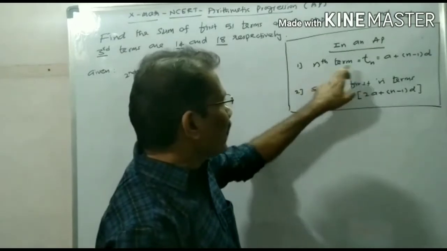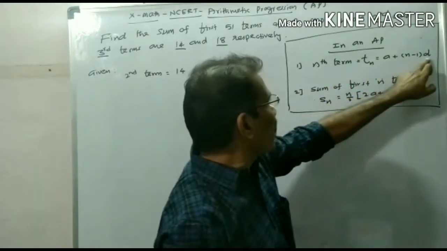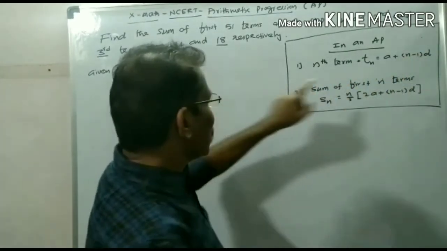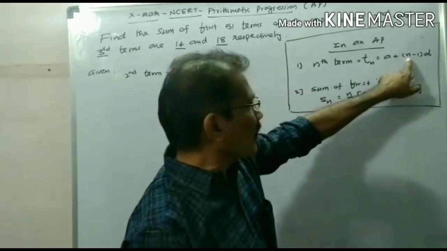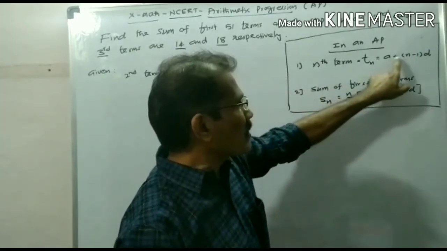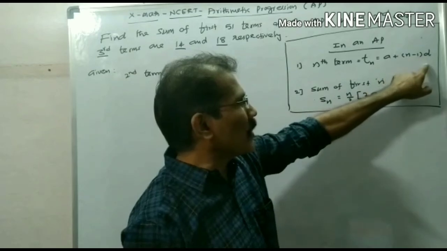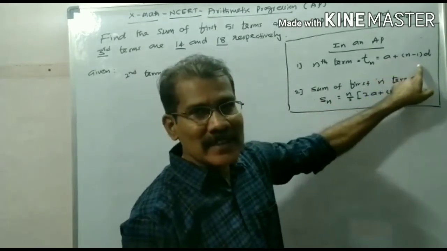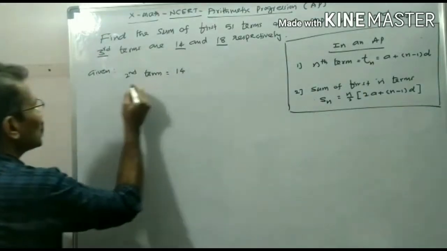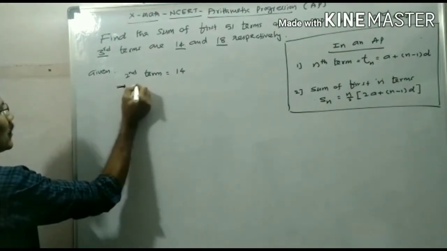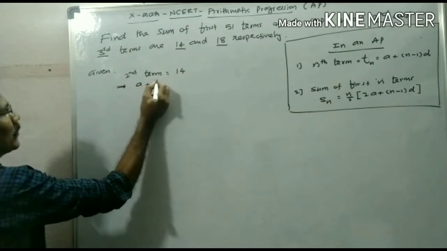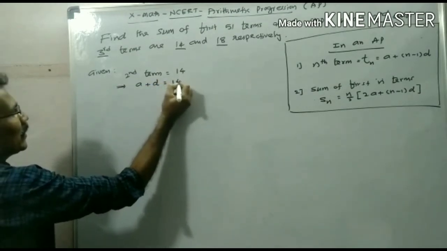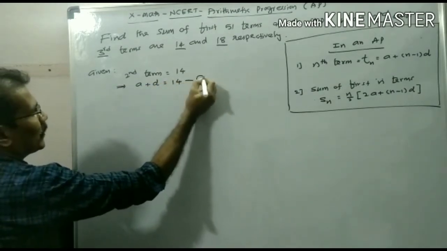Here, in the nth term, a plus n minus 1 into d, n is equal to 2, that is a plus 2 minus 1 into d. 2 minus 1 is only 1, so I can write a plus d. So the second term is a plus d equal to 14. Say this is equation 1.